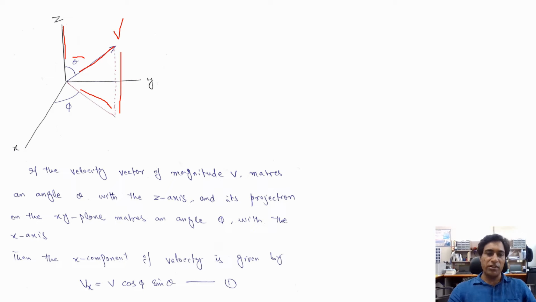Its projection on the xy plane makes an angle phi with the x-axis. Then the x component of the velocity is given by Vx is equal to v cos phi sin theta.